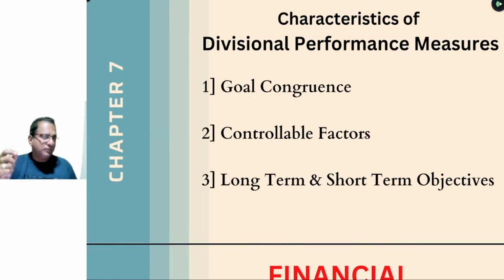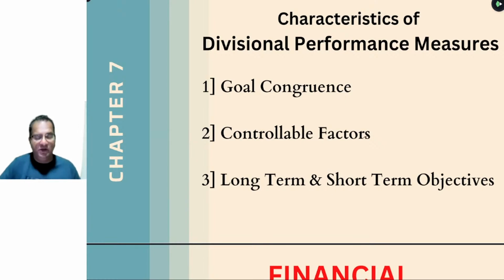Second point, only those factors should be considered in the measurement of performance which are controllable in nature from the viewpoint of the organization. And the third one is that the performance model should not only be financial in nature, but it should also promote the need and satisfaction of other stakeholders, such as suppliers, customers, employees, government, society, etc.